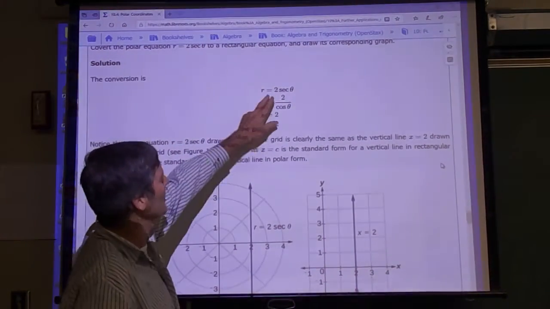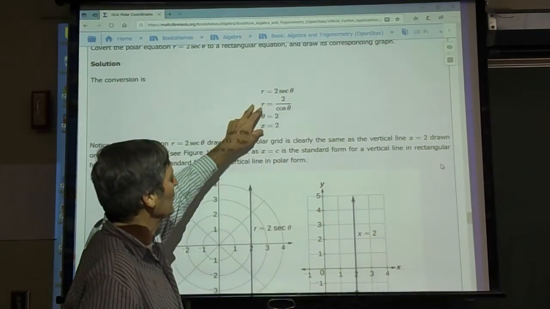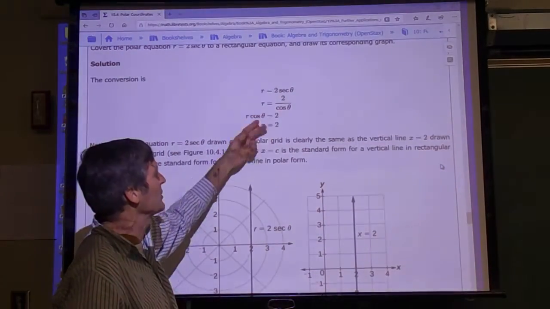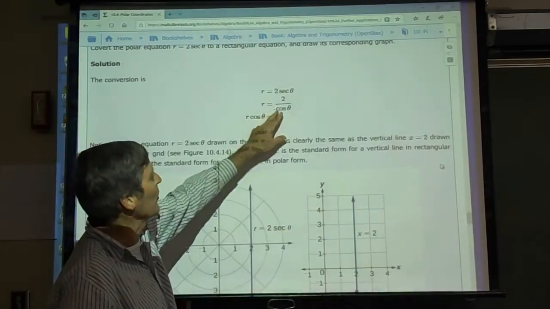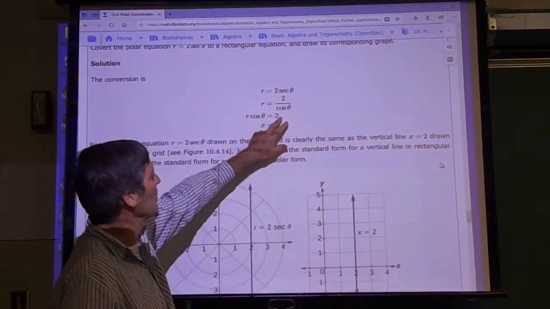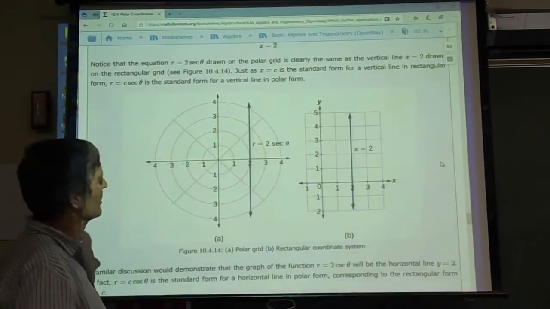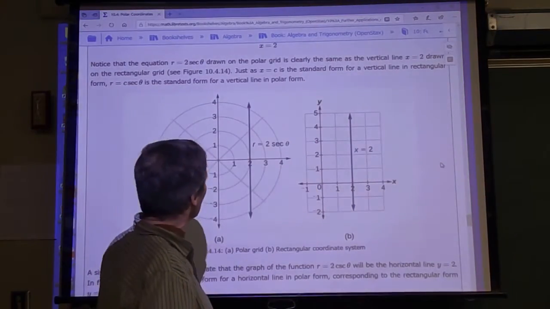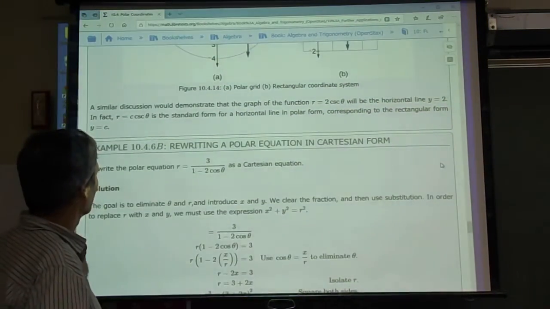But you do have to go through and check when you multiply through by cosine theta that you didn't introduce some new solutions. Before, cosine theta couldn't be 0, but once you multiply through, cosine theta can be 0, so you check those angles that would make cosine equal to 0, and throw out any points that don't apply.